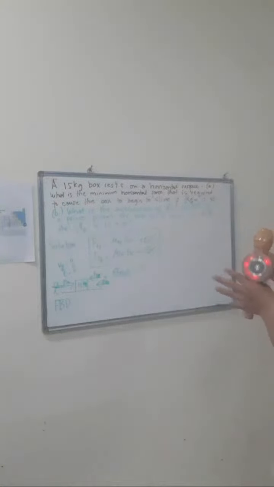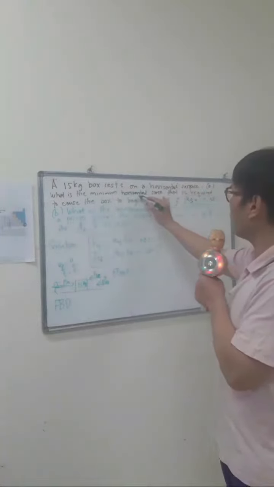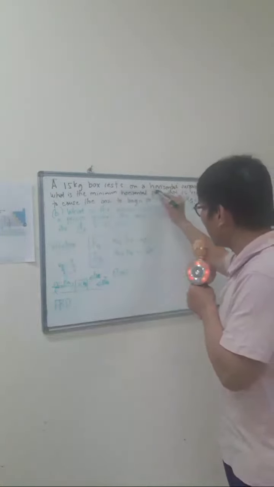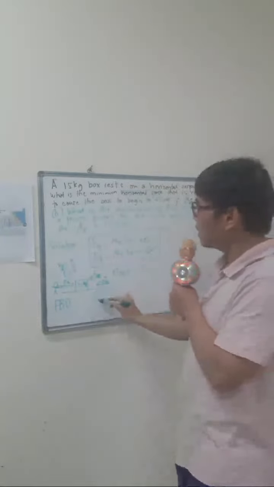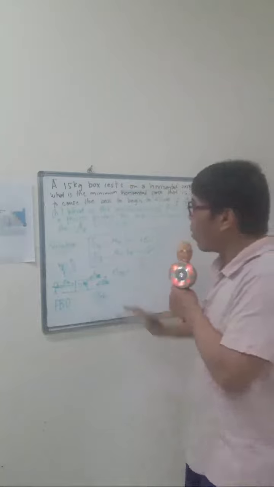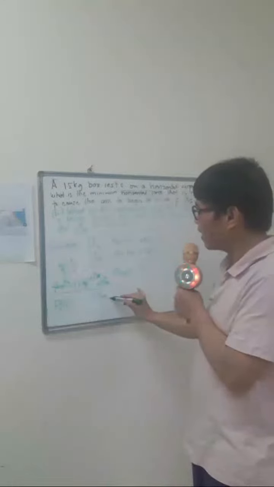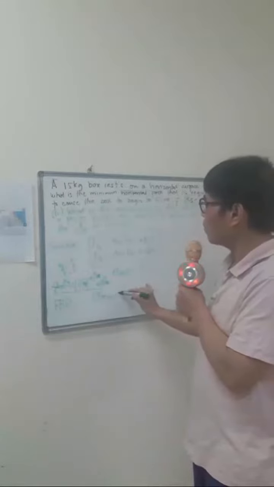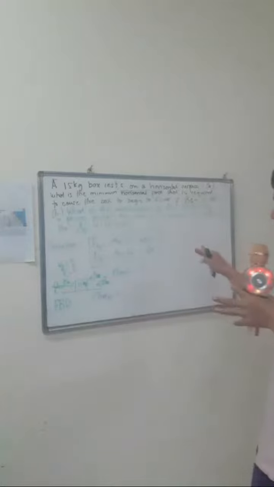What is the minimum horizontal force? Horizontal is specified, so it's going to be F net. F net horizontal forces, which is X, is equal to, so what are the forces engaged in the horizontal axis?